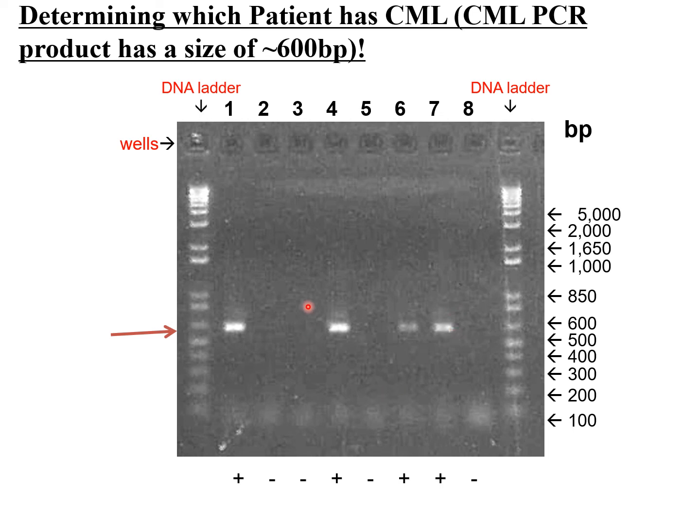Of course, patient number 2 is negative, patient 3 is negative, 5 is negative, and 8 is negative, because if there was a cancer gene, it would have been amplified in PCR, because we added the primers specific to the cancer gene, but it was not amplified, meaning that these patients did not have leukemia. And this is, guys, this is how we can diagnose patients using PCR. One possible use. Of course, I'm mentioning again, this is oversimplification, but it gives you an idea.